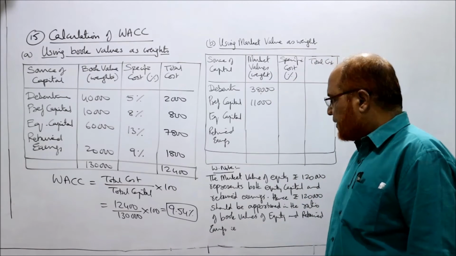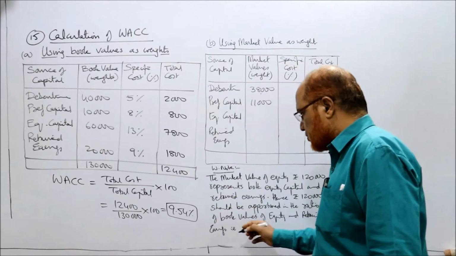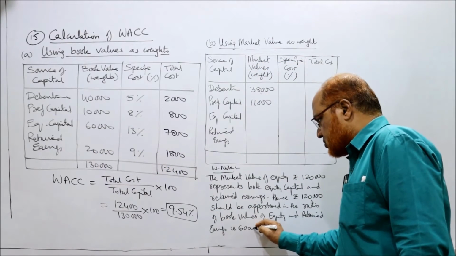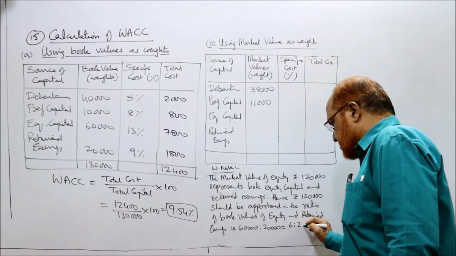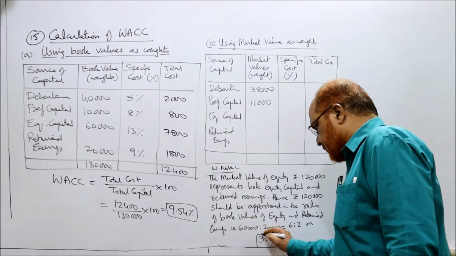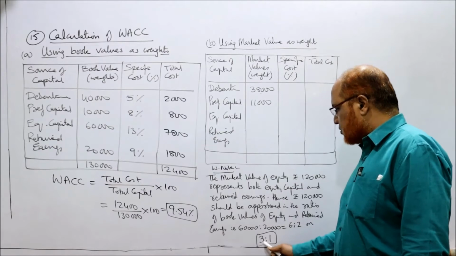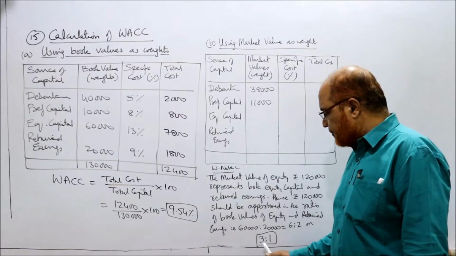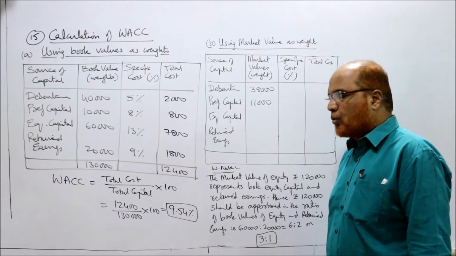That is, what is the book value of equity capital? 60,000 and 20,000. That is 60,000 is to 20,000 is equal to 6 is to 2, or 3 is to 1. Now what we'll do? We'll divide this 1,20,000 in the ratio of 3 is to 1. 2 3s are 6, 2 1s are 2. 3 by 4, 1 by 4.